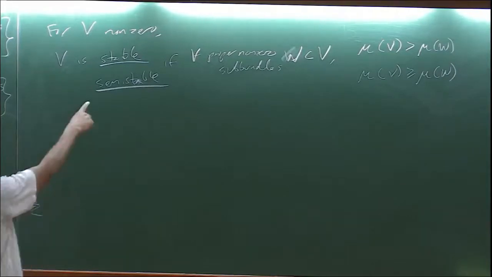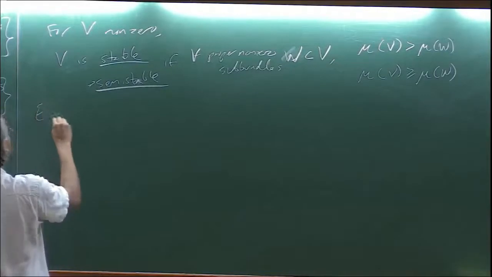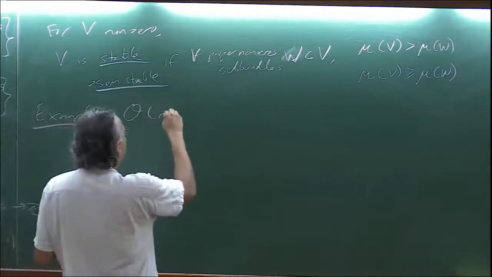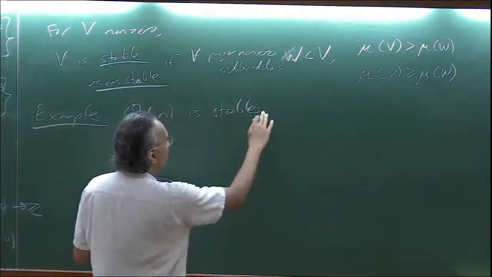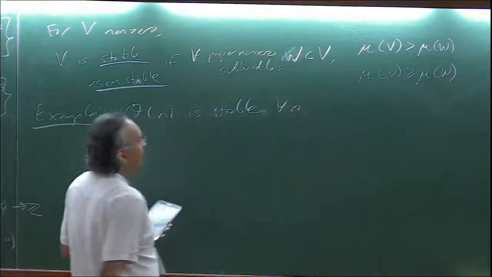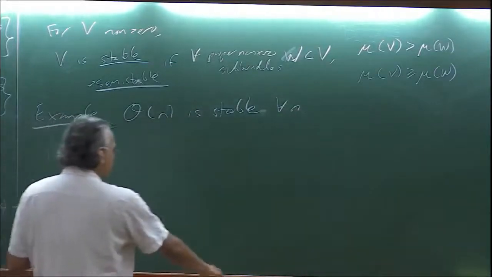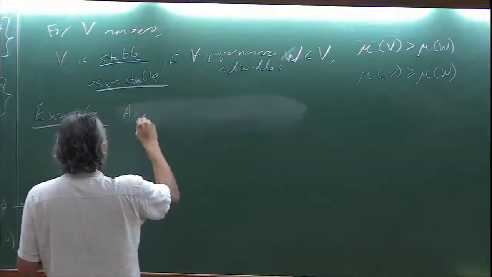Okay, so we have the definition. I'm mostly going to talk about the semi-stable ones, but a key example is, and if this example were not valid, then this whole theory would fall apart, O(n) is stable for all n. Maybe I should really say any line bundle is stable.